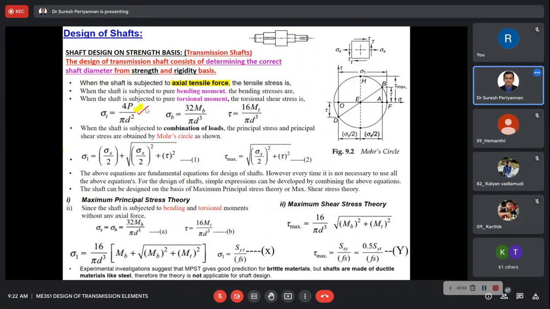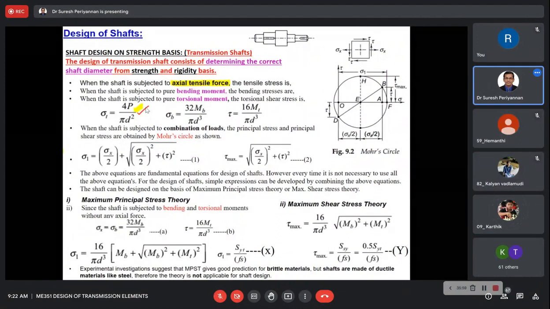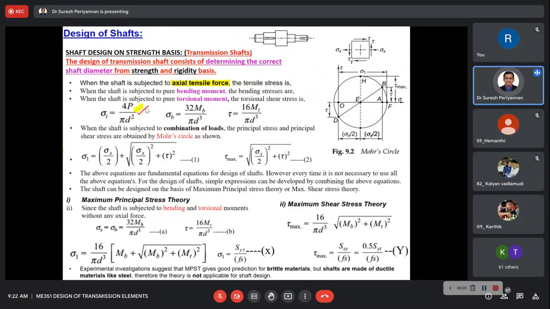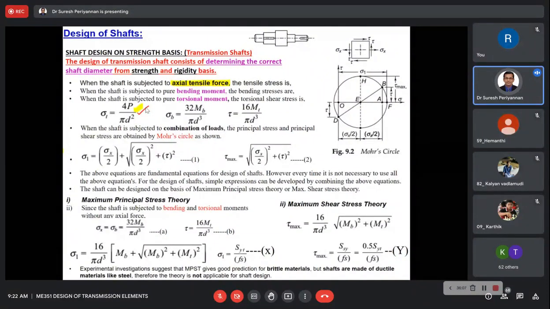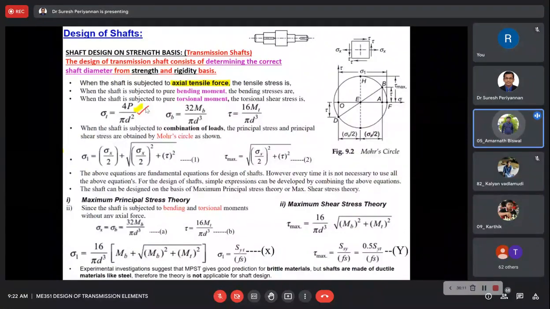When axial tensile force is acting. Axial tensile force, yeah, that is correct. Exactly correct. But at which condition? Dynamic load condition or static load condition? Static, sir. Yeah, static, very important.